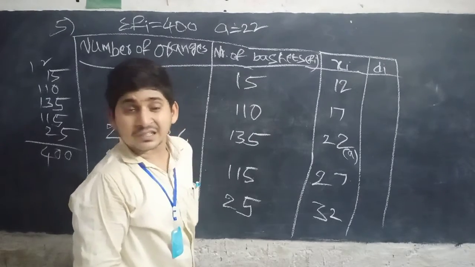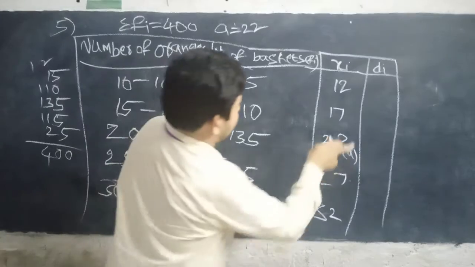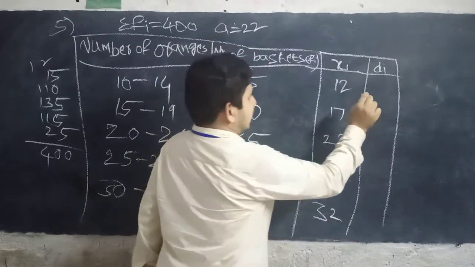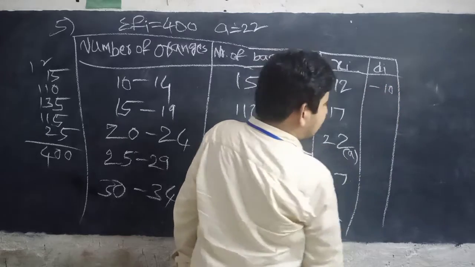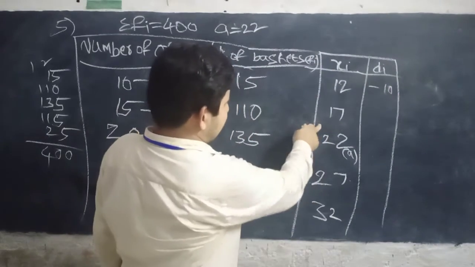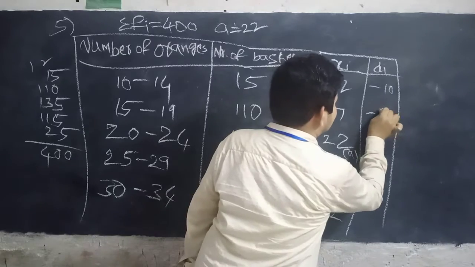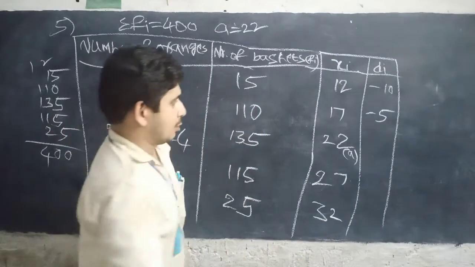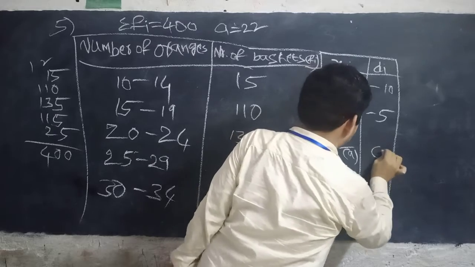Now, 12 minus 22, minus 10. 17 minus 22, minus 5. 22 minus 22, 0.